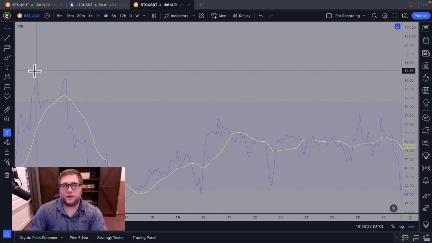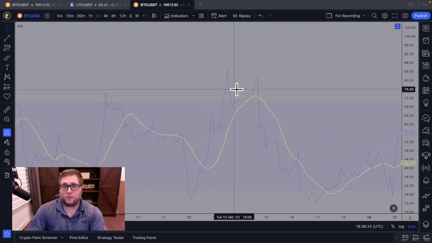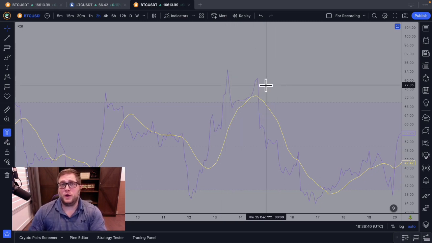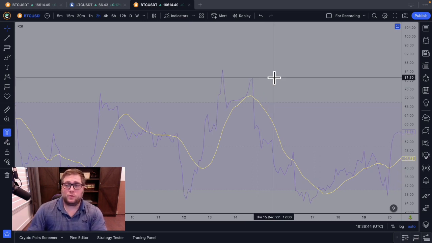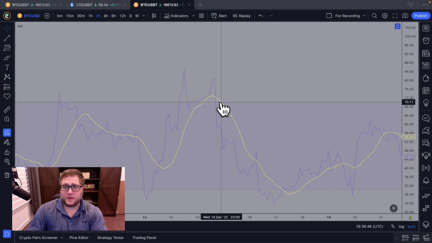So if it comes up here and it's overbought, like right here, you can't automatically go short, because this is how you will get wrecked and lose your position. You'll have a lot of stop outs, and that's not ideal. I'm going to show you how to properly use the so-called overbought and oversold. So we're going to see that.